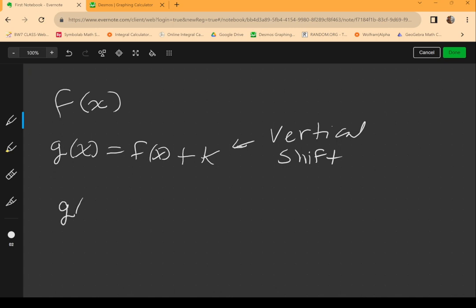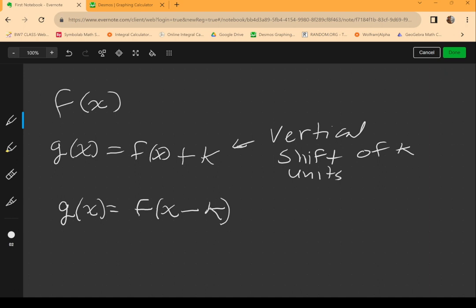So now I'm going to change it up a bit. I'm going to take a look at my function, but in this case, something like f of x minus k. A vertical shift here of k units, where if k is positive, we're talking about an upward shift, and if k is negative, a downward shift.